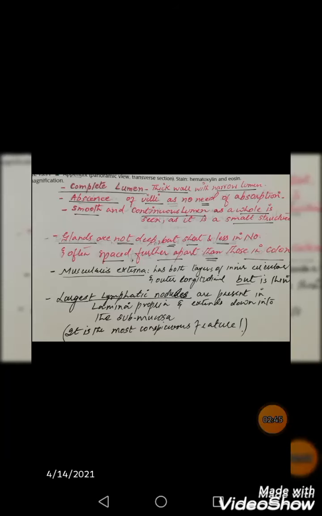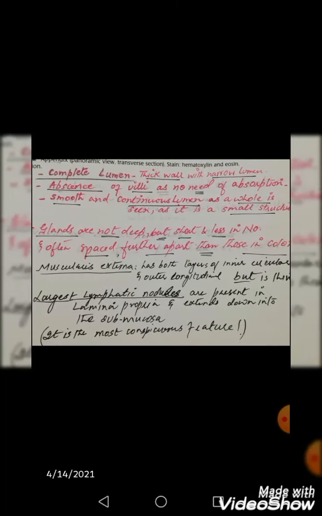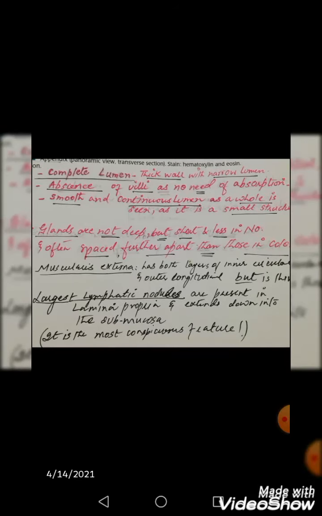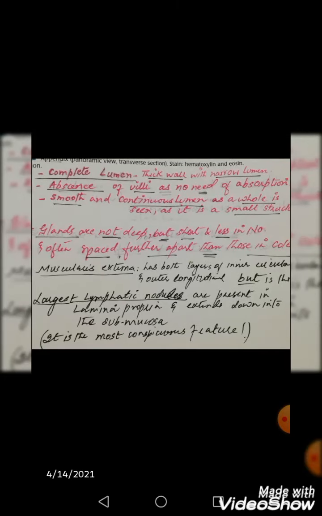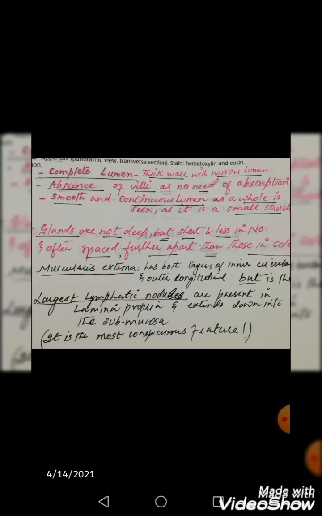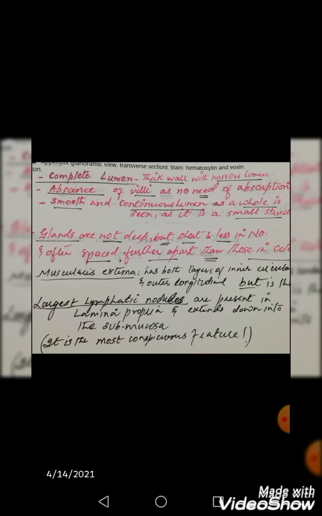So if you again concentrate on these key points, in your appendix we expect the complete lumen, but it is irregular in shape, smoother, and as a whole smaller compared to its thicker walls. The glands which are found are not very deep, lesser in number, and spaced farther apart, and there is a space in between them, which you will also observe here in the vermiform appendix.